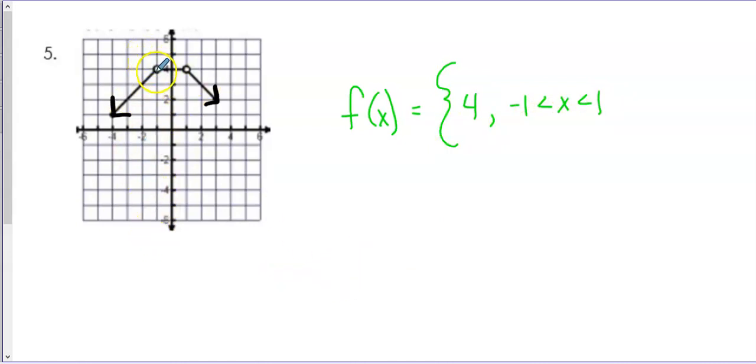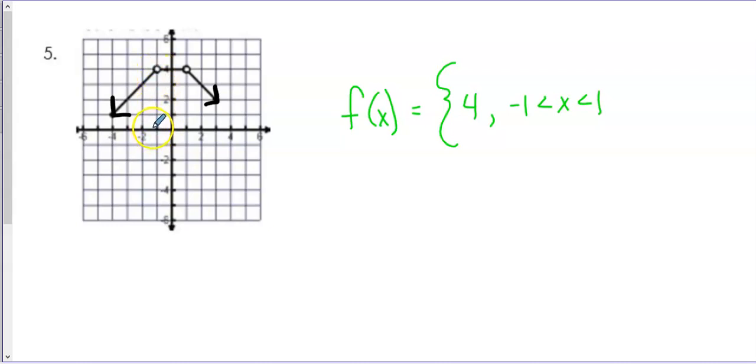Okay, so the one over here, what I see here is that first of all, it has a slope of 1. Okay, so I know I'm just going to have an x. And then let's see, what else can I look at? Negative 1, and it's just going to be an x. Negative 1 plus 5 is 4.